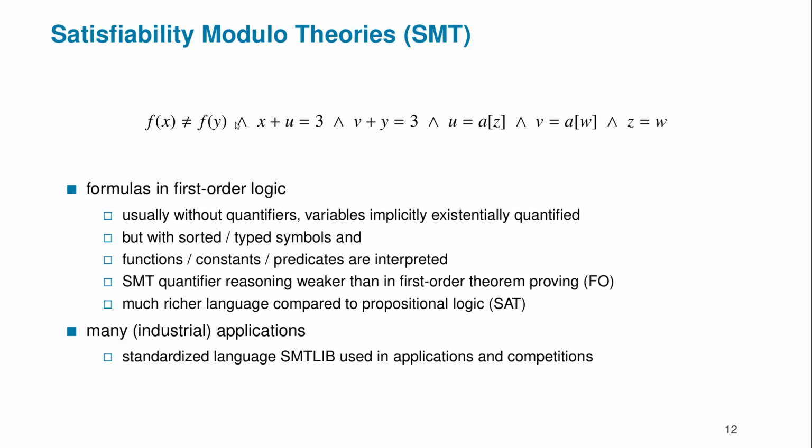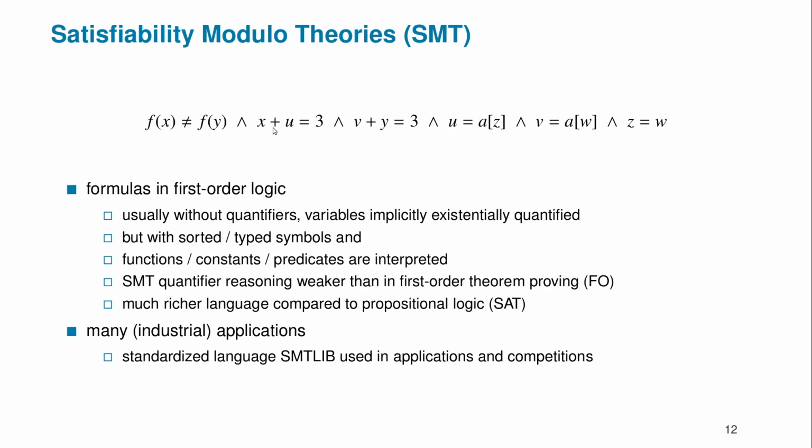And we have the possibility to interpret functions, constants, and predicates, except for the uninterpreted ones. So for example, here this equality symbol is interpreted as equality. The plus symbol is interpreted as addition.